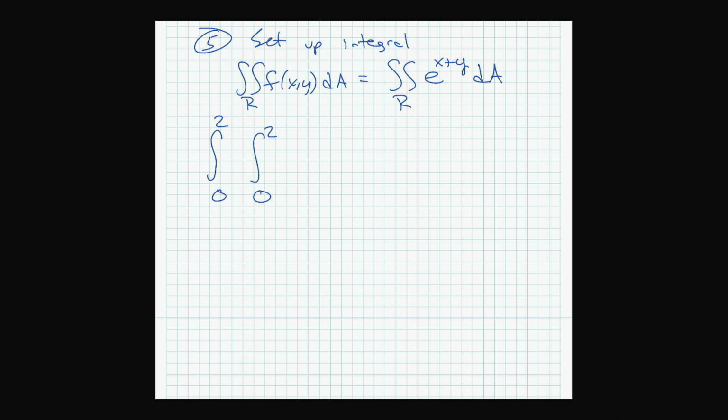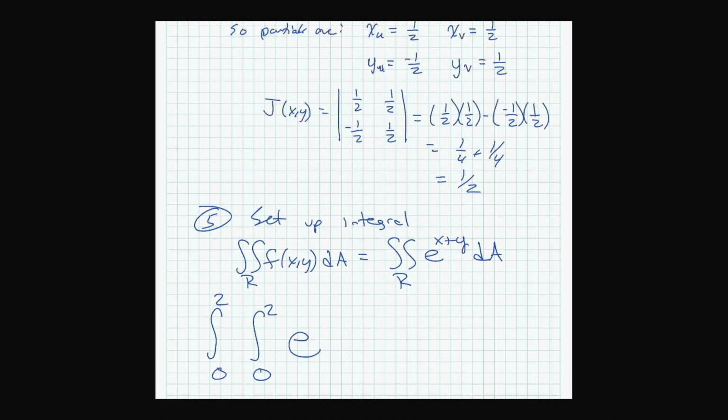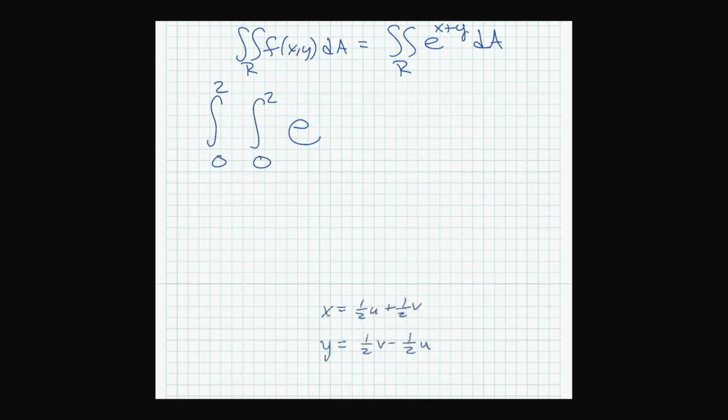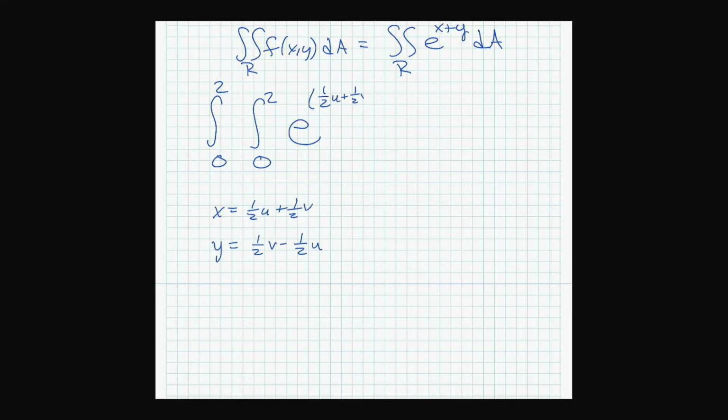So the bounds for u and v are 0 and 2. Now your e is x plus y, but you need x plus y in terms of u and v. So x is 1/2 u plus 1/2 v, plus y is 1/2 v minus 1/2 u. You plug those in for x and y.